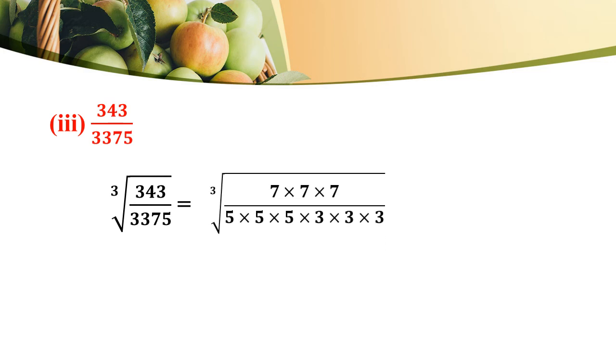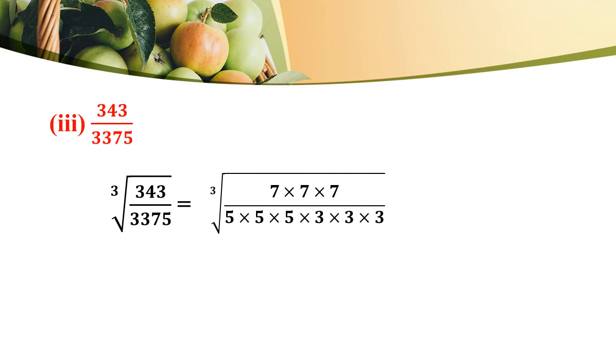So, cube root of, the factors of 343 are 7 into 7 into 7, by the factors of 3375, which are 5 into 5 into 5 into 3 into 3 into 3. Then mark the group of 3 with similar factor.